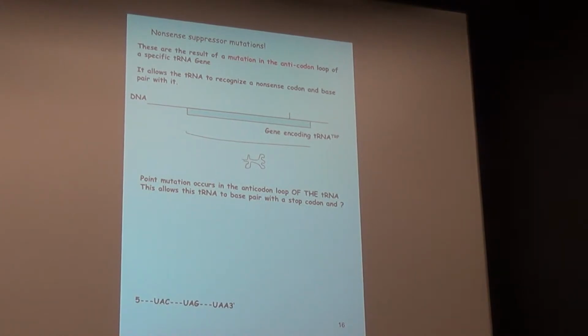Okay. So imagine you have a sequence of a messenger RNA that goes UAC, UAG, UAA. So UAC is base paired with a transfer RNA that goes GUA, which brings tryptophan. Okay? UAG is a stop codon.